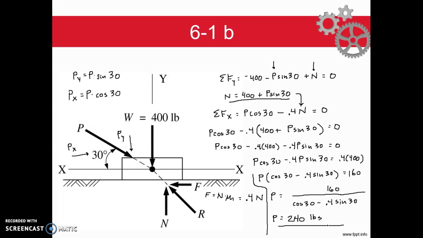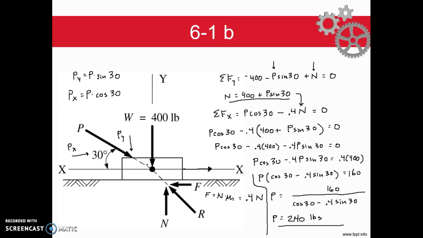pounds. So you can see that by pushing downward on the box in a diagonal direction, we're being a lot less efficient than we would have been if we just pulled or pushed it in a perfectly horizontal direction. Because in part A, we found that the force that is going to cause motion to occur is going to be 160 pounds.